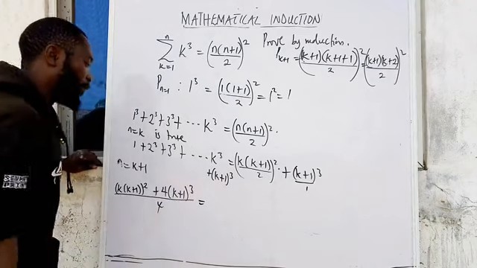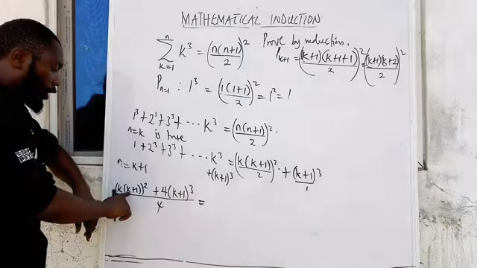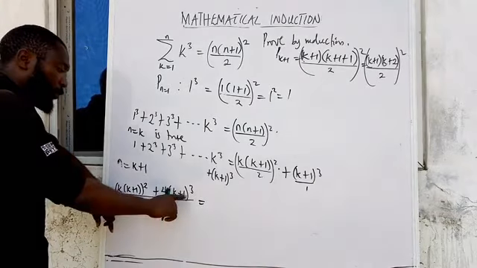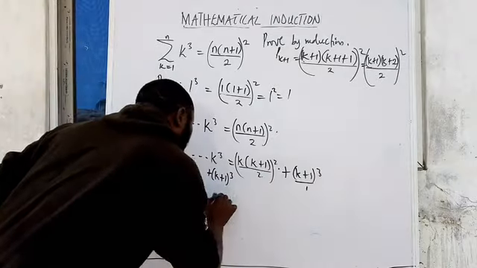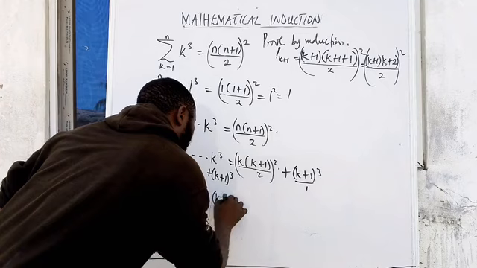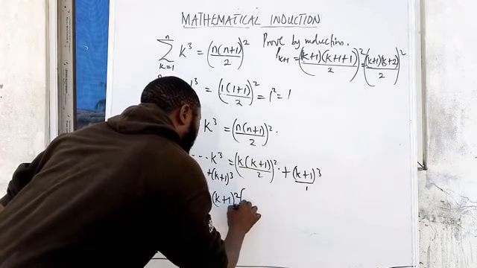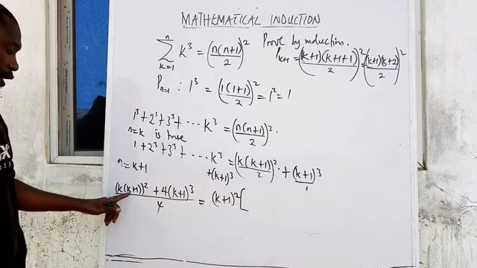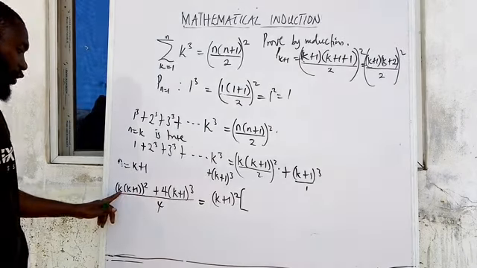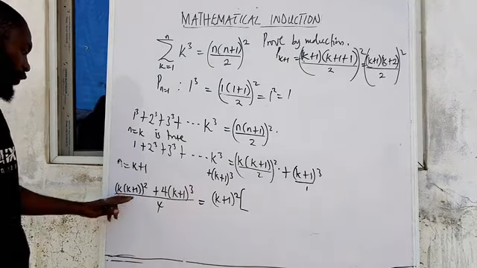Now, let's simplify this further. We have k plus 1 raised to the power of 3 and k plus 1 raised to the power of 2. We can just take out k plus 1 raised to the power of 2. Once you take this out, we are left with k squared here, because everything here is squared.